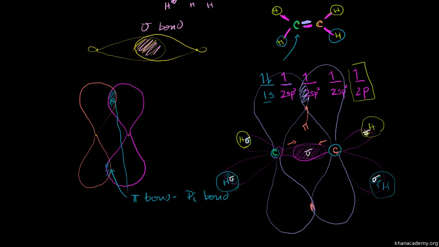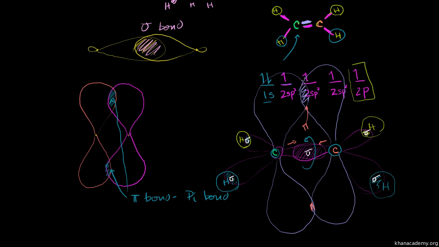Now, on top of that, the really interesting thing is if we just had a sigma bond here, both of these groups could rotate around the bond axis. They would be able to rotate around the bond axis if you just had one sigma bond there. But since we have these pi bonds that are parallel to each other and overlapping, they're locked into that configuration, and you can no longer rotate. If one of these rotates, the other one's going to rotate with it because these two are locked together.